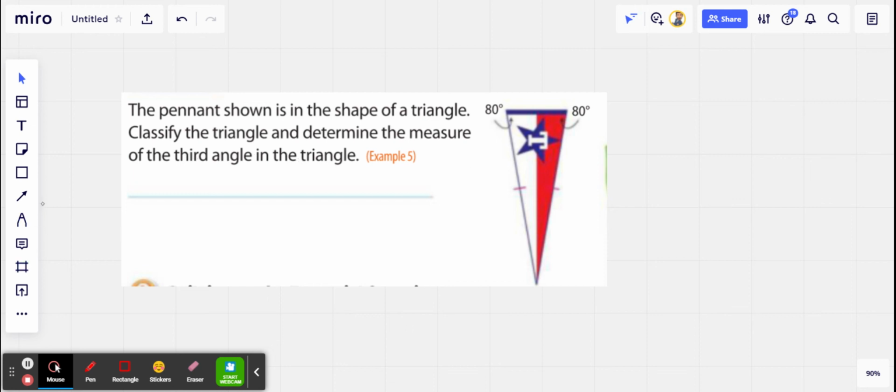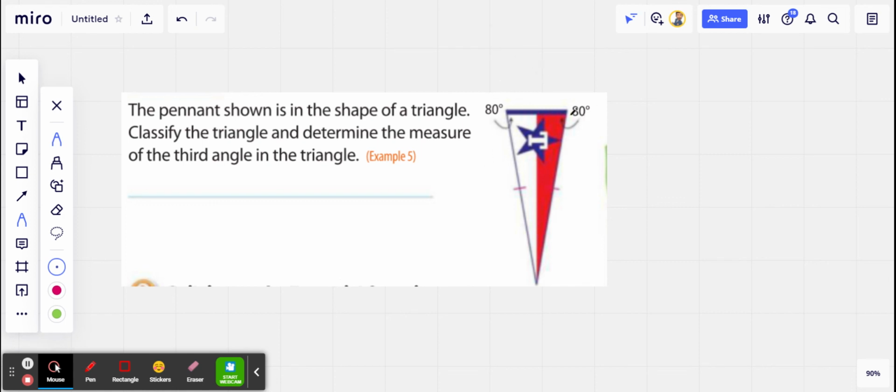This type of triangle has two of the same type of sides. That's what these lines mean. These lines right here mean that those are equal. And so two sides are equal, which makes it an isosceles triangle.